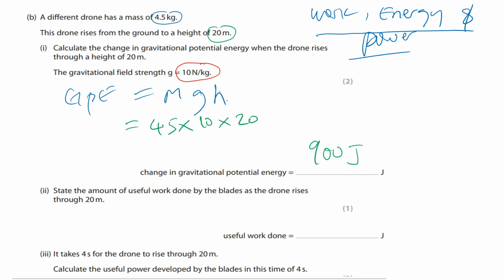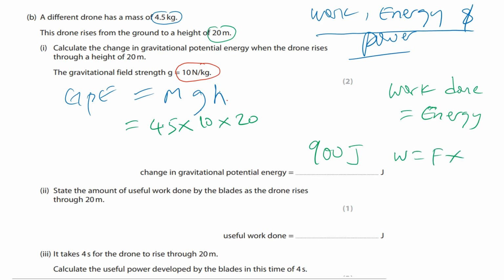Now basically work done is the same as the energy. All right, so work is equal to force times the distance.